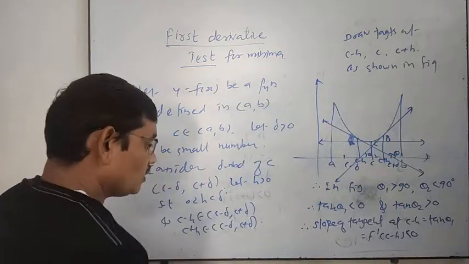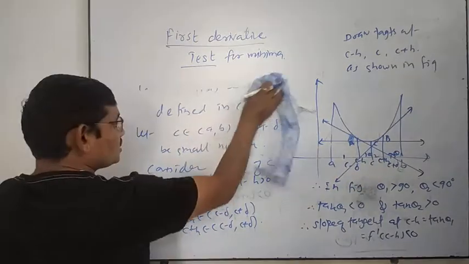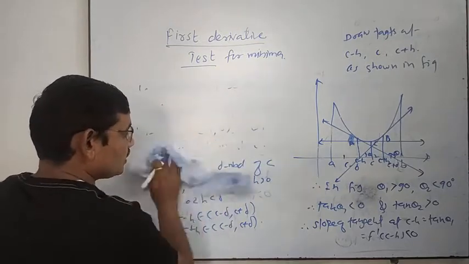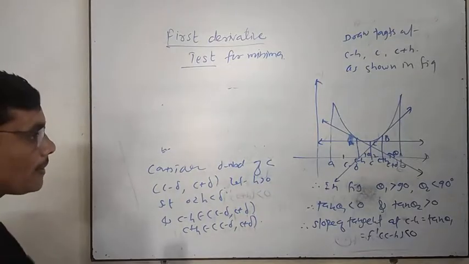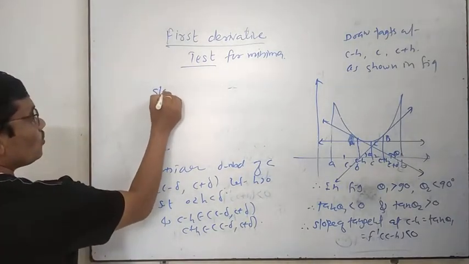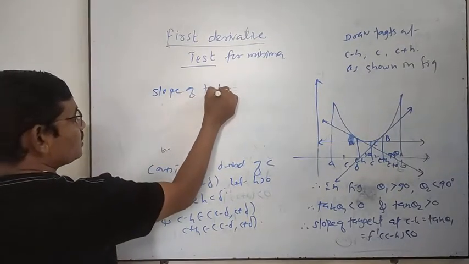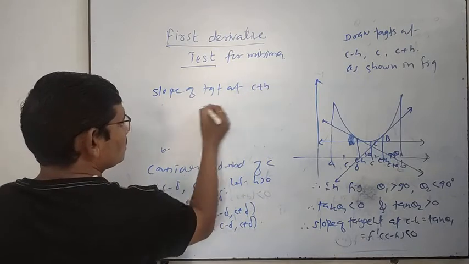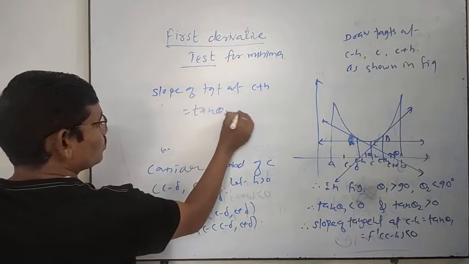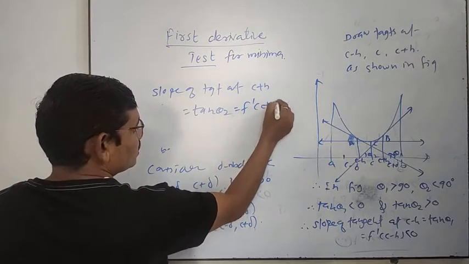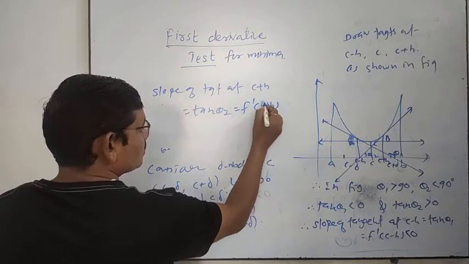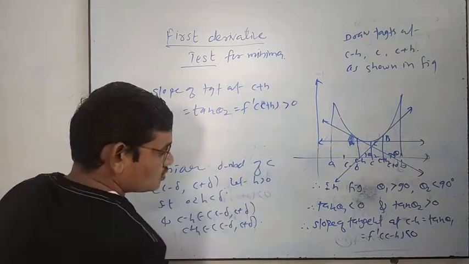And second, the slope of the tangent at C plus h, that is tan theta 2, is equal to f dash of C plus h. This is greater than 0.